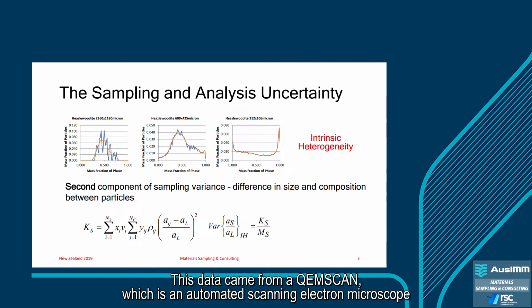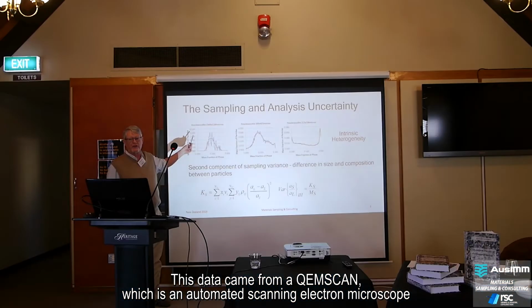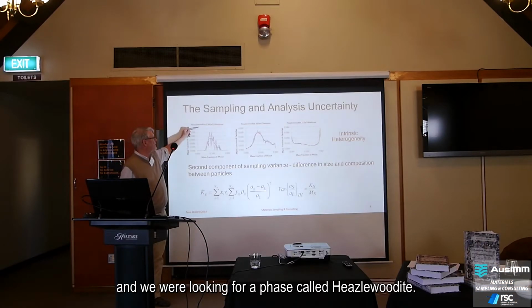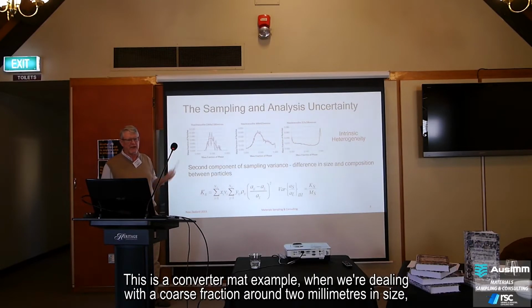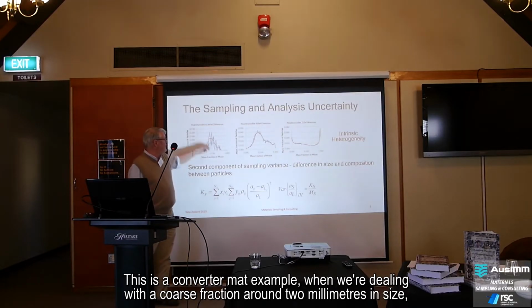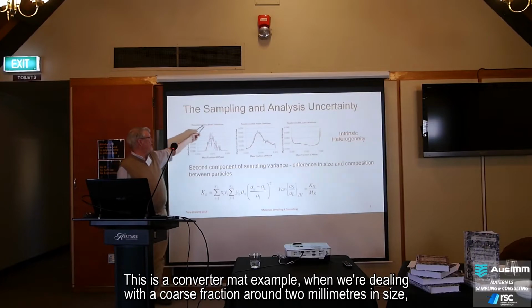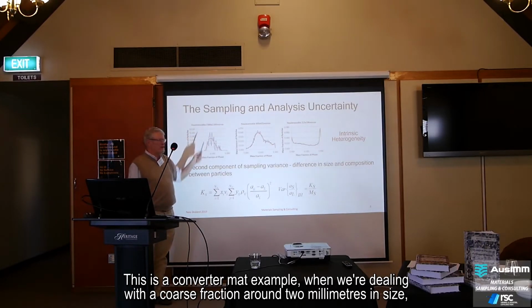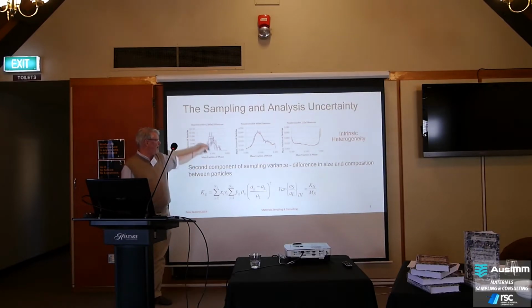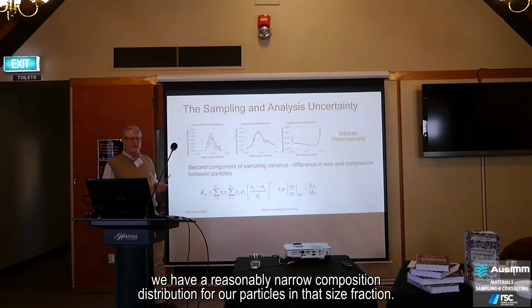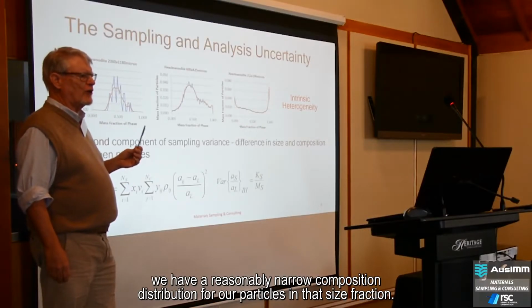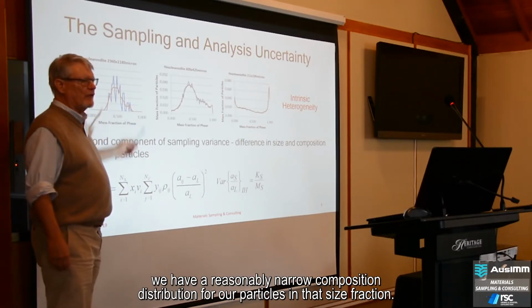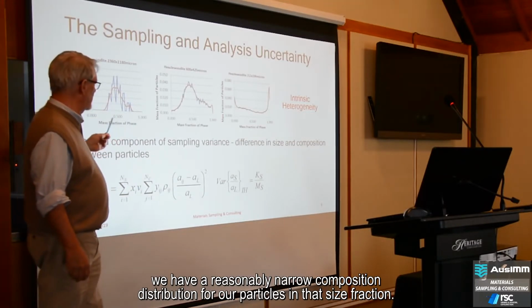This data came from a QEMSCAN, which is an automated scanning electron microscope. And we were looking for a phase called hazelwoodite. This is a converter matte example. When we're dealing with a coarse fraction around 2 millimeters in size, we have a reasonably narrow size distribution, a reasonably narrow composition distribution for our particles in that size fraction.